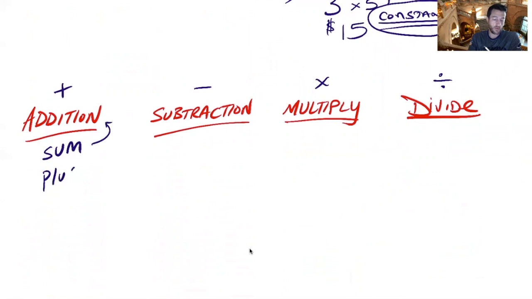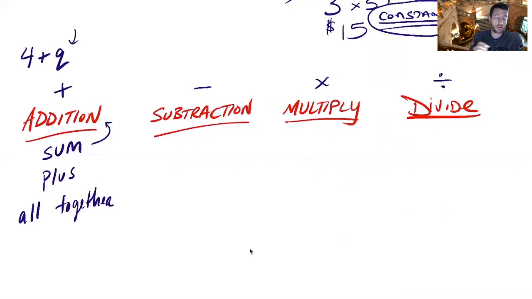We have heard words like plus, and all together. Those are some common terms that lead to addition. So if I said the sum of a number and 4, that would be 4 plus q. That number we don't know yet, we represent with a variable.